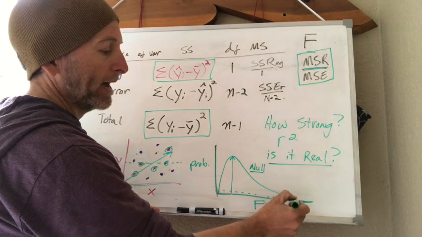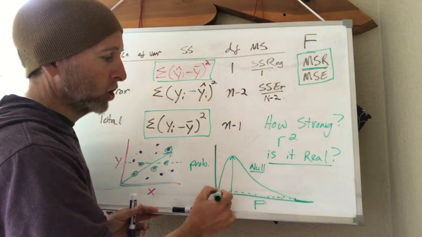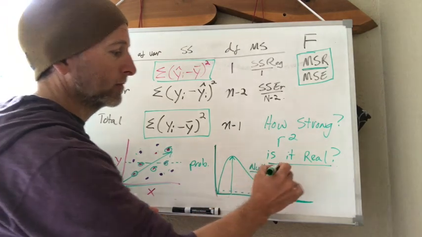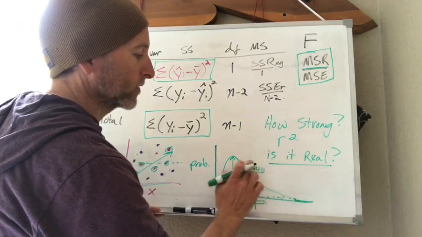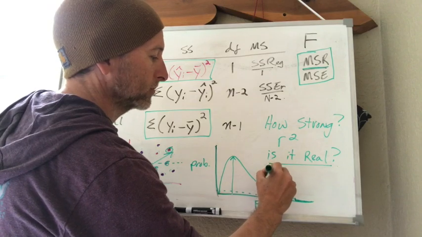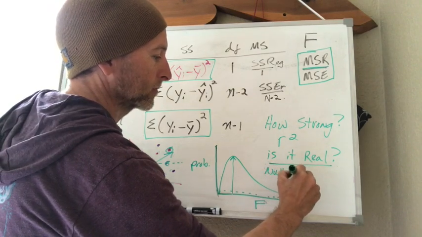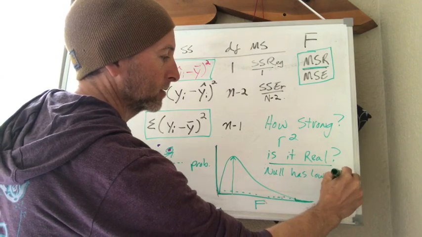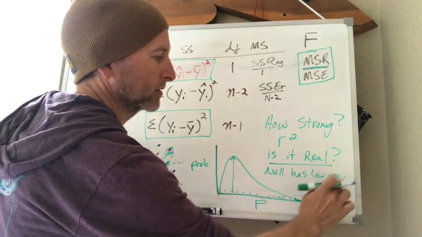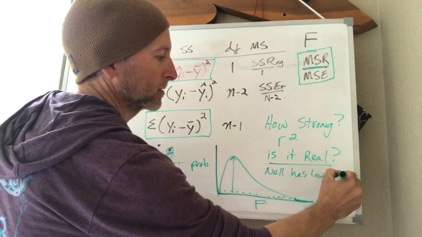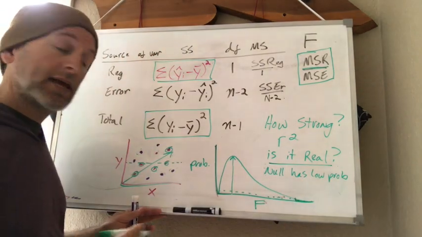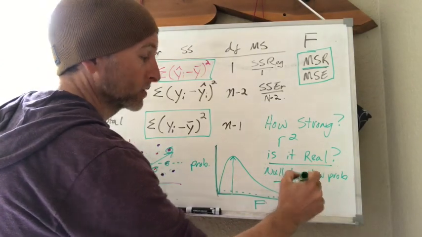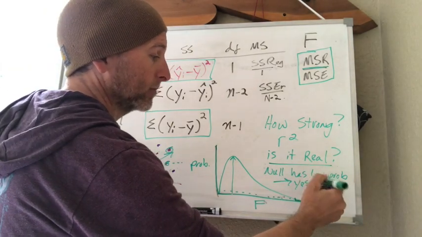If we end up with a high F-score, which is a low probability, then there's a low probability of the null. So if our null has low probability, that's the same as saying, or similar to saying, yes, most likely real.